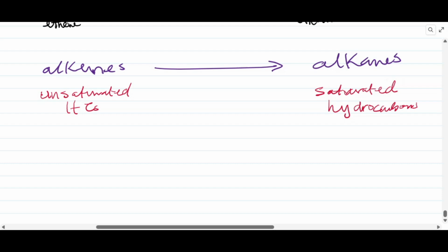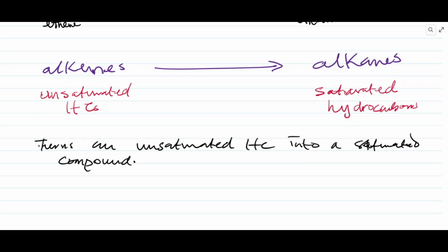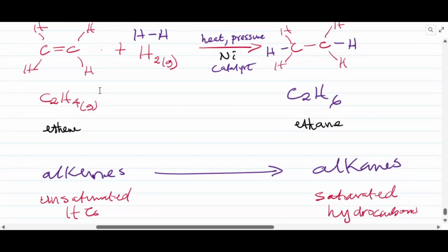Now, if you want to define addition reaction, you will say a reaction that turns an unsaturated hydrocarbon into a saturated compound. You can also add that only one product is formed. Let me give you an example of addition reaction.